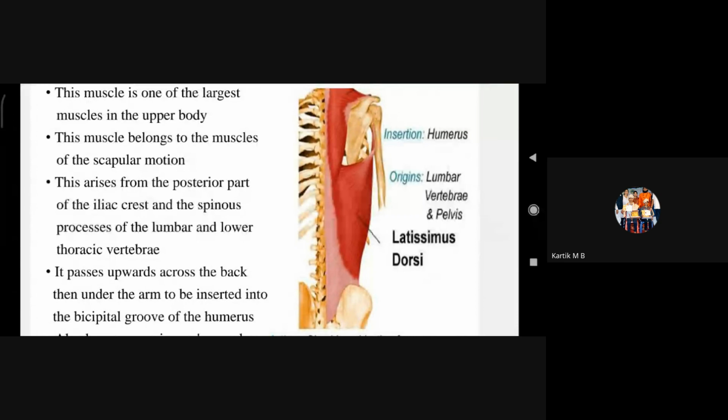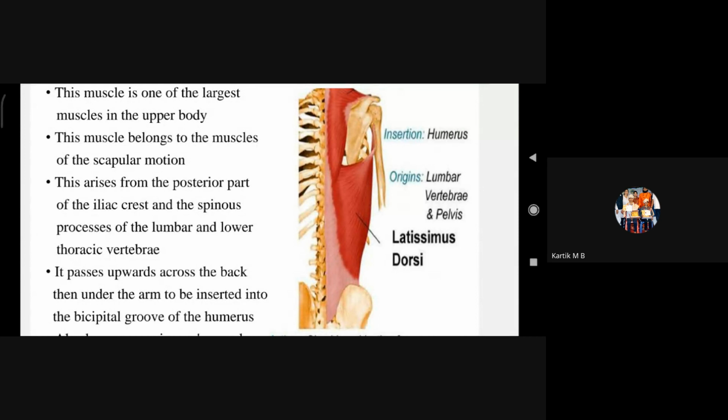Yes, very good. That shoulder blade, which is present in the upper back of our body, is one of the main bones of our shoulder joint. Our humerus bone is joined with the scapular notch only.